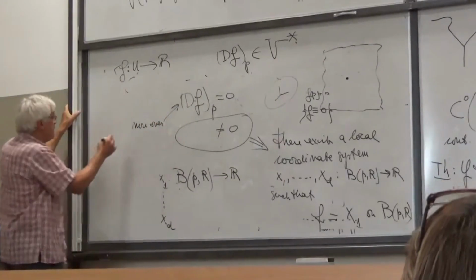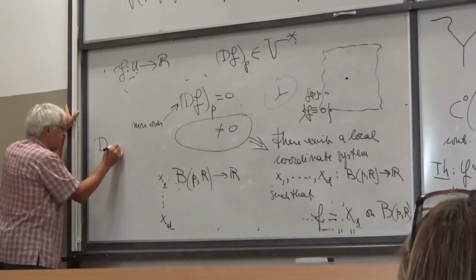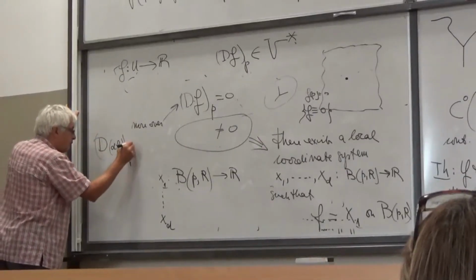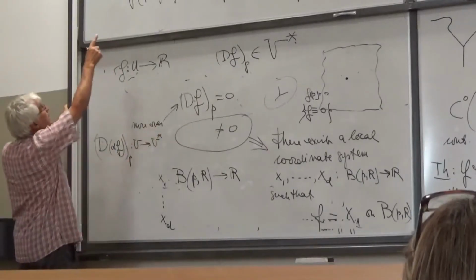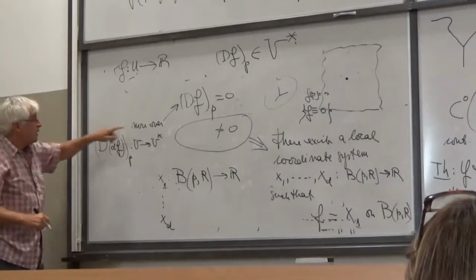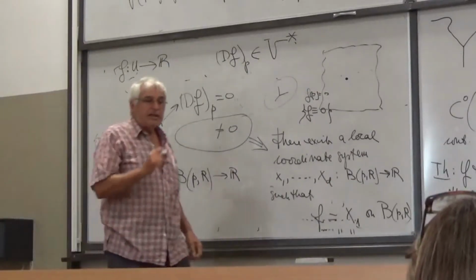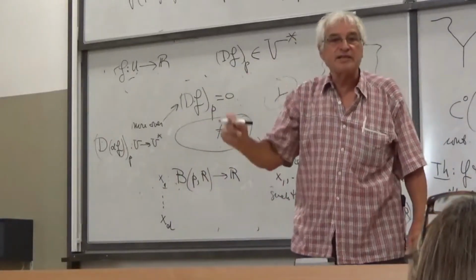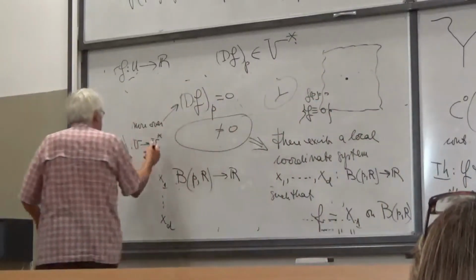Moreover, this creature which appeared there somewhere, I assume something about it. I assume that it is non-zero in a very strong sense. I assume that this map is surjective.